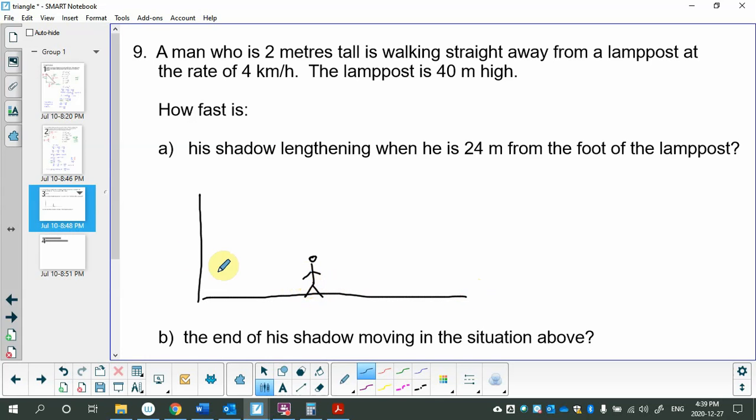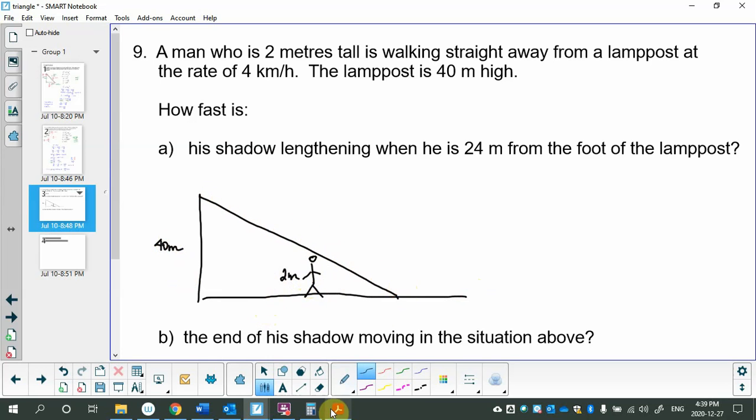The lamppost is 40 meters high. The man is 2 meters tall, and I am going to draw a right angle triangle this way.